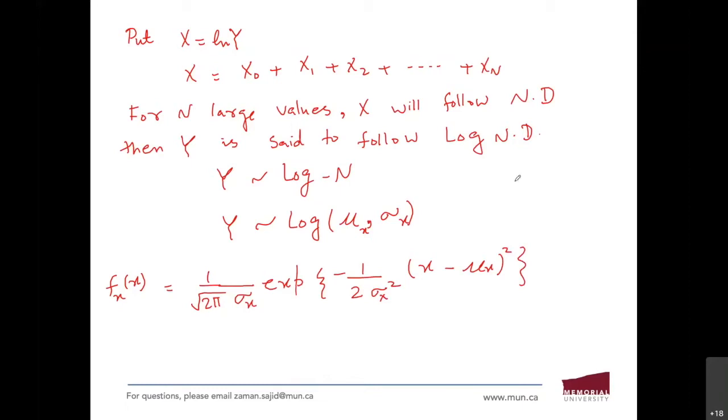Now this was the PDF that we defined in our normal distribution.